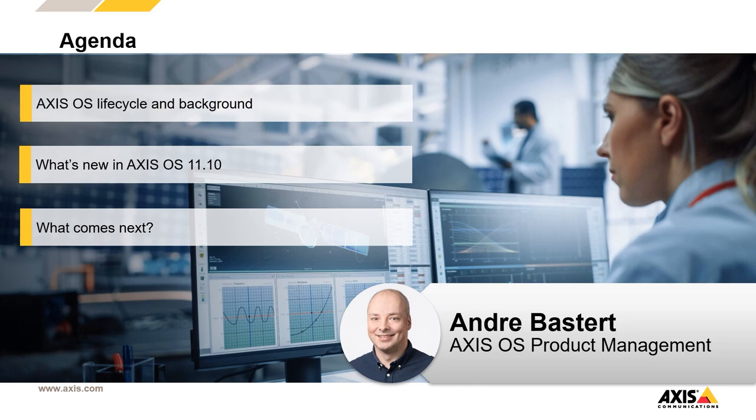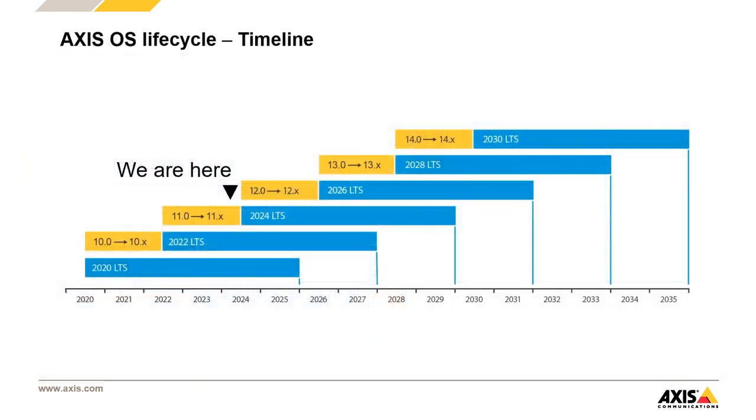As part of our software release update series, we're now going to take a look at what's new in Access OS 11.10 and then follow through with a sneak preview on what comes next. But before we start, let's recap shortly on where we actually are with Access OS.